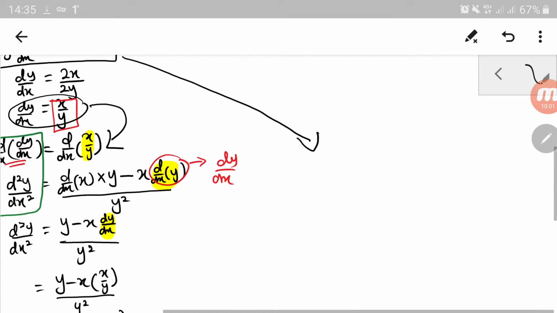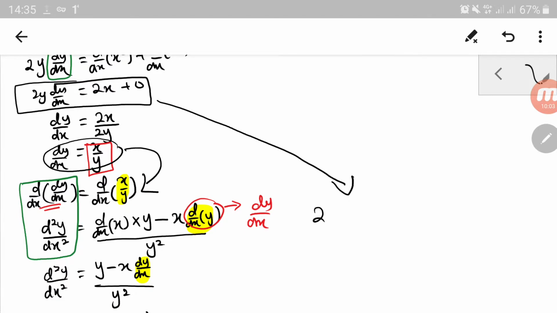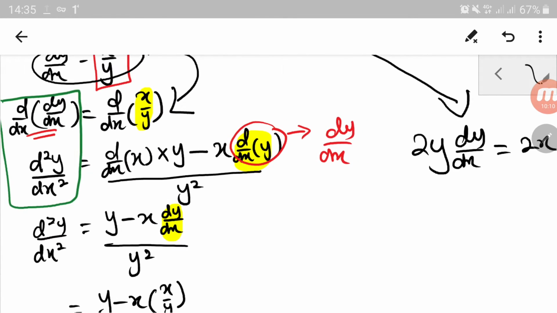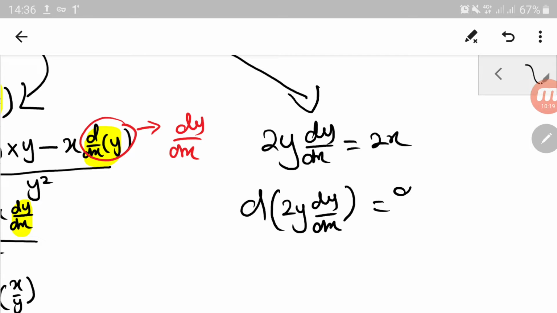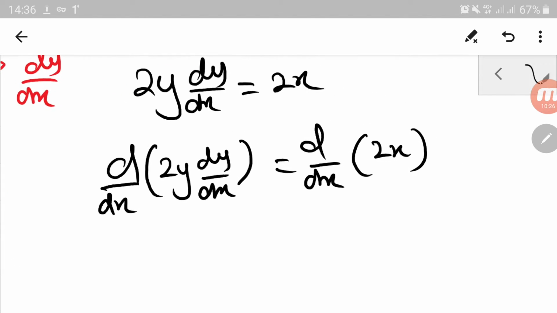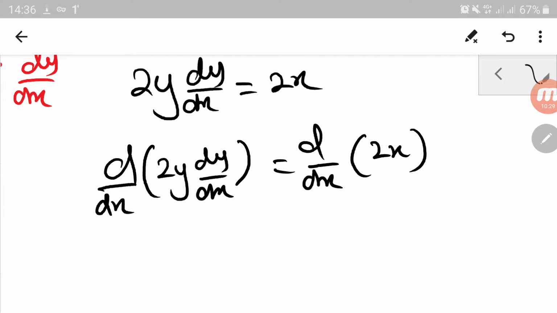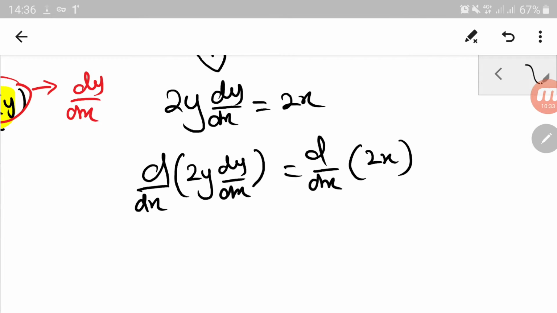If I copy paste it here, 2y dy/dx equals x, and then I apply the same thing, which is to differentiate the left hand side and the right hand side in terms of x. Why don't we try this one? We are doing the same thing actually, but we are applying a different rule.